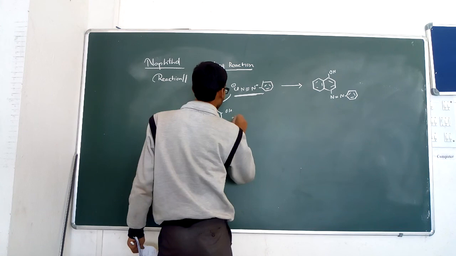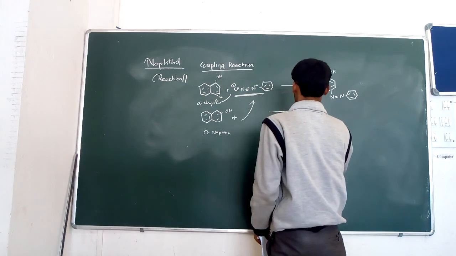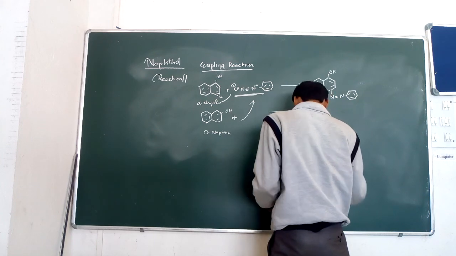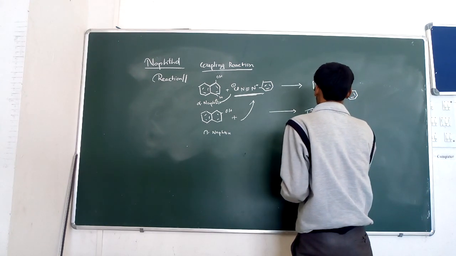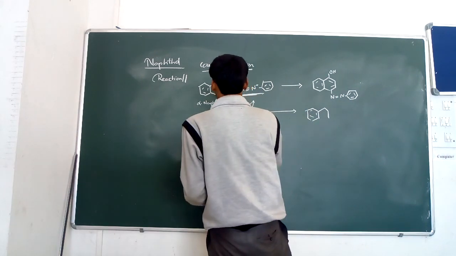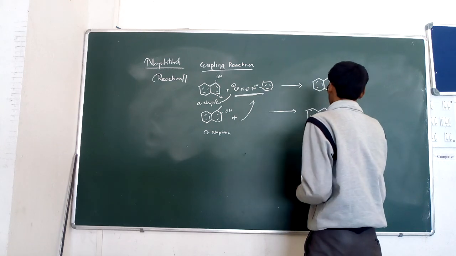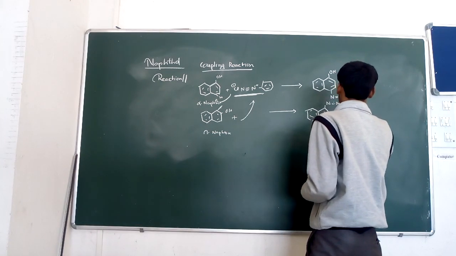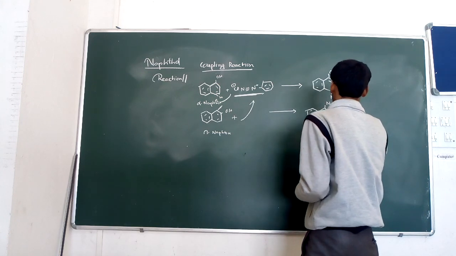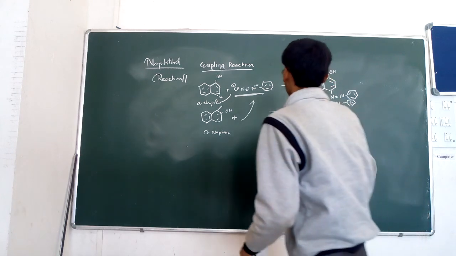When beta naphthol reacts with that same compound, it attacks the C1 position and forms 1-phenylazo-beta-naphthol, and that is the azo dye.